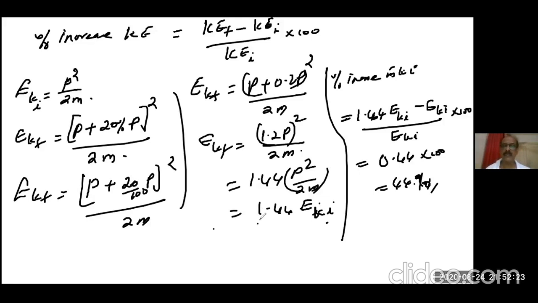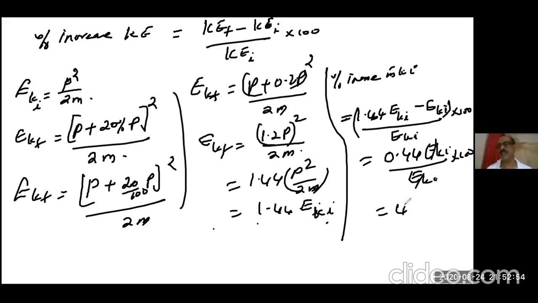In the last step, it should be 1.44 minus... You didn't understand that. 1.44 EKI minus initial kinetic energy, isn't it? Yes, sir. This is 1.44 EKI minus 1 EKI. So the difference is 0.44 EKI divided by another EKI, into 100. Now 44%. I thought you took EKI as common.